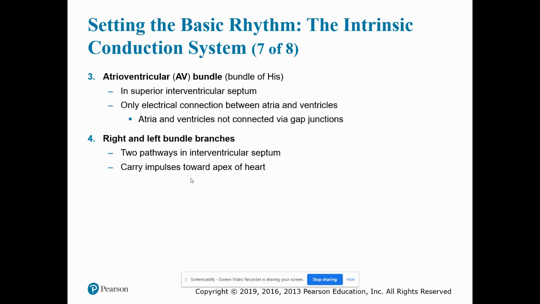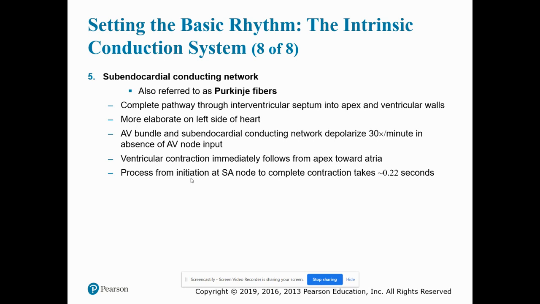From there, we move to the right and left bundle branches. These are two pathways in the interventricular septum, which are going to carry impulses toward the apex of the heart. And then finally, we get to the subendocardial conducting network, also known as Purkinje fibers. And this is going to complete the pathway through the interventricular septum into the apex and ventricular walls.